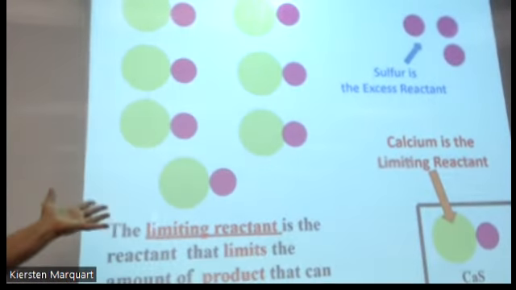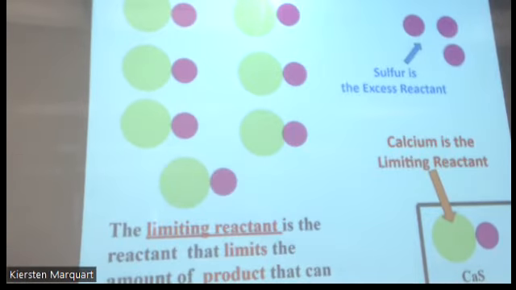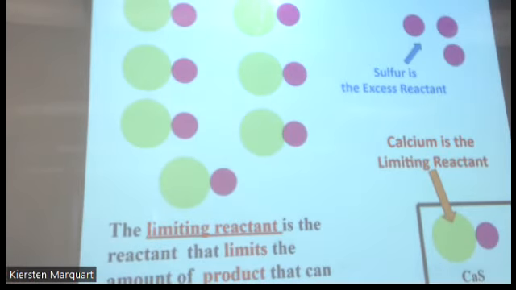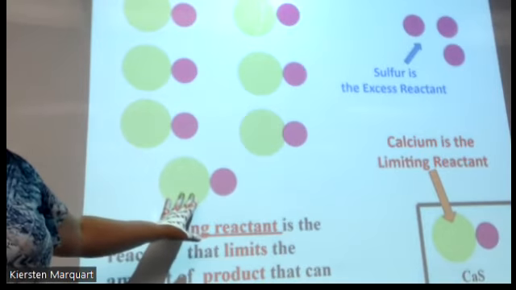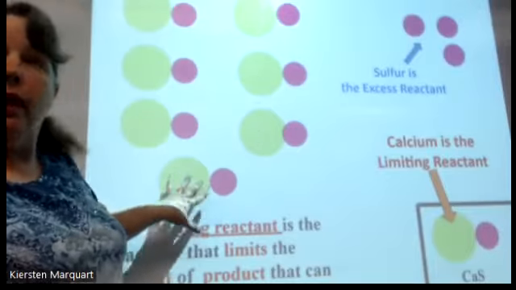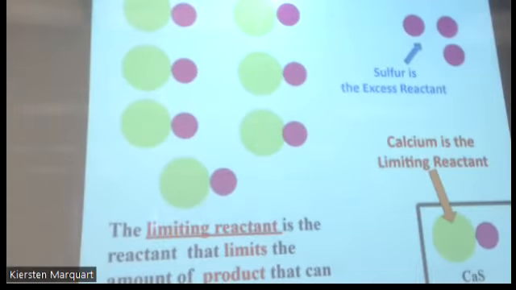So in this case, because we run out of calcium first, it all gets used up in the reaction. Calcium would be the limiting reactant. The theoretical yield, or the amount of product that could be produced, would be 7 of them. And what is left over, we just call the excess.